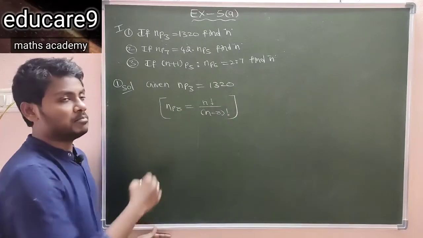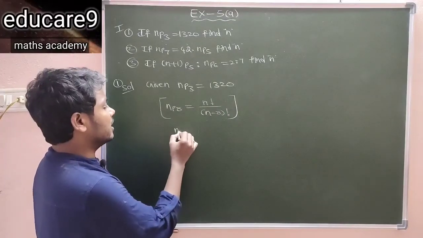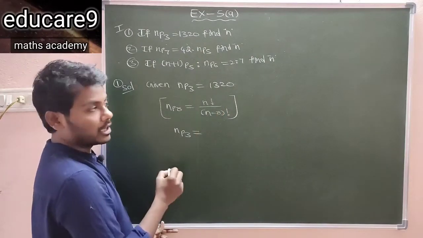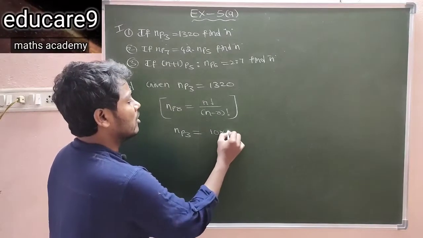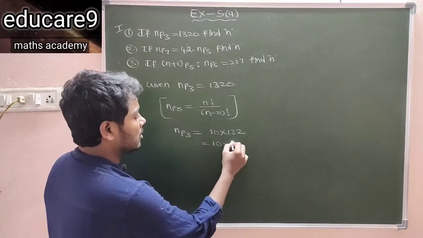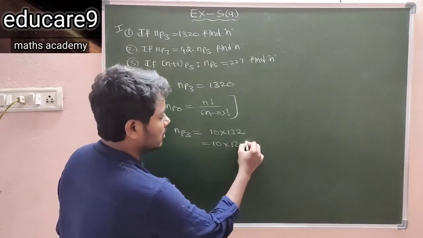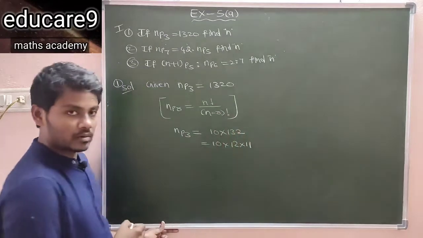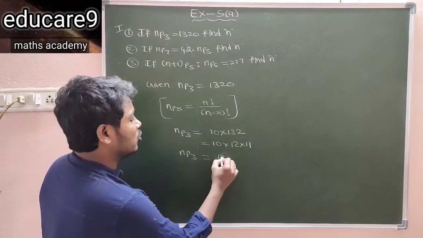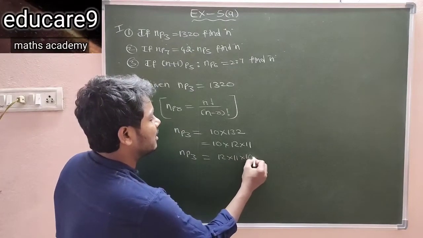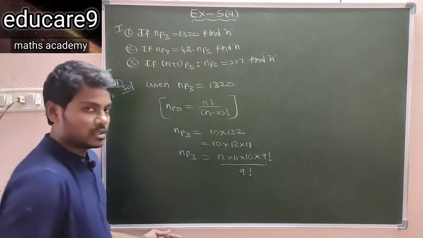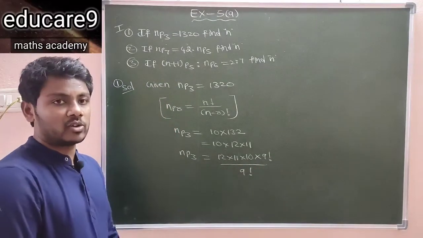So for nP3, 1320 can be written as 10 into 132, which is 10 into 12 into 11. Clearly this can be written as nP3 is equal to 12 into 11 into 10 into 9 factorial by 9 factorial, so we multiply and divide with 9 factorial.